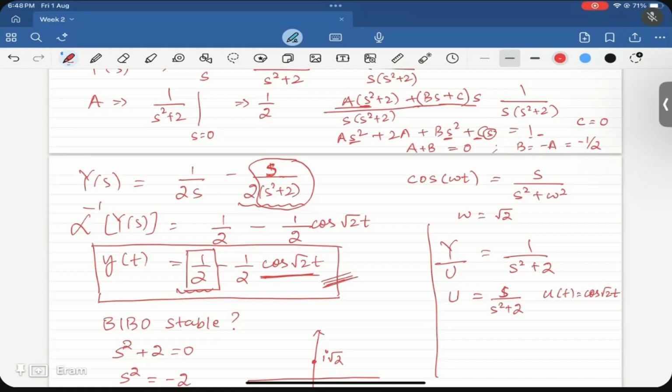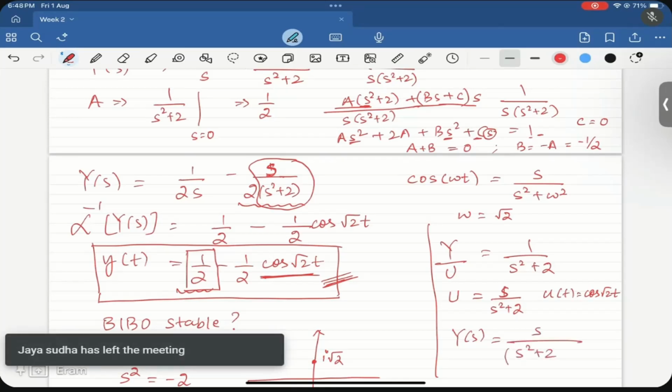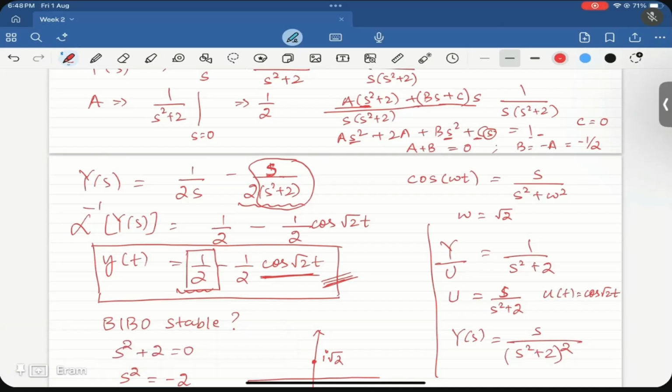Then what will be Y(s) in that case? It will be s/(s² + 2) whole squared. I have provided a bounded input. Instead of the step input, I have provided another bounded input which is not a step but sinusoidal.